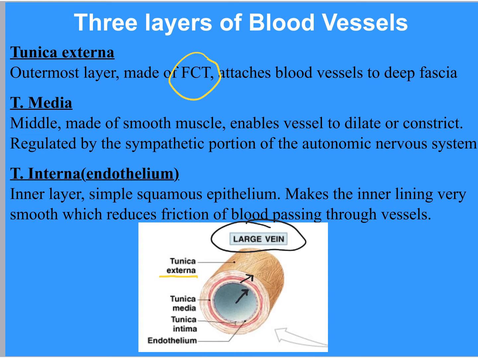The role of that layer is to attach blood vessels to the deep fascia. So we could be anchoring blood vessels to nearby connective tissue, or, what can I use as an example? We'll use a nerve. Let's say there's a nerve passing right next to that blood vessel.